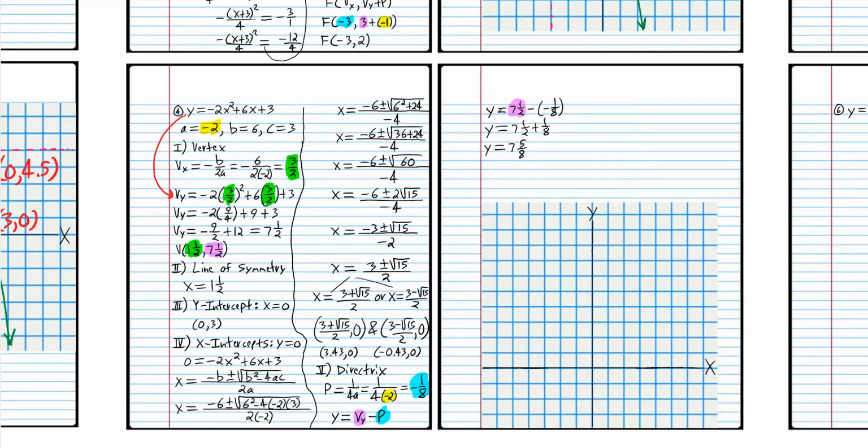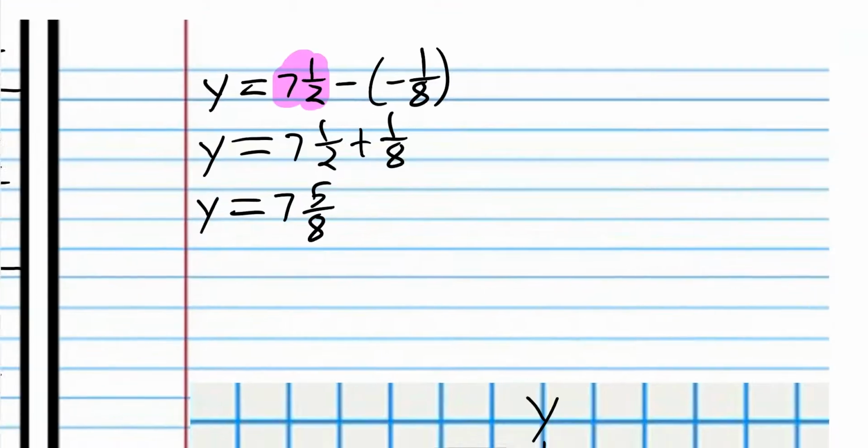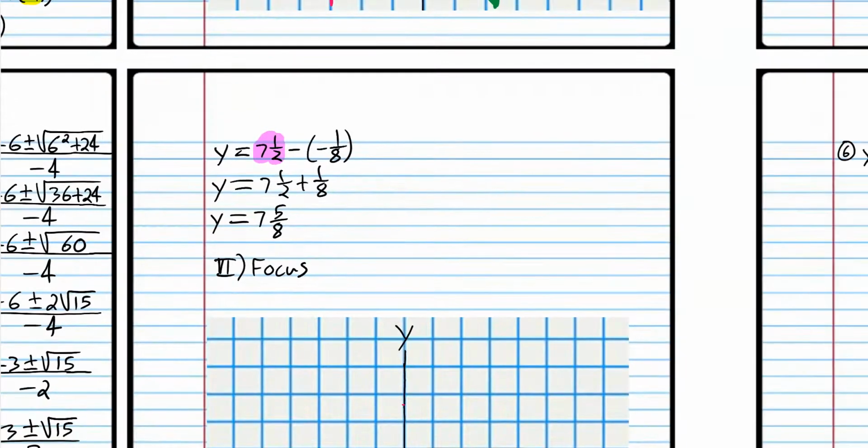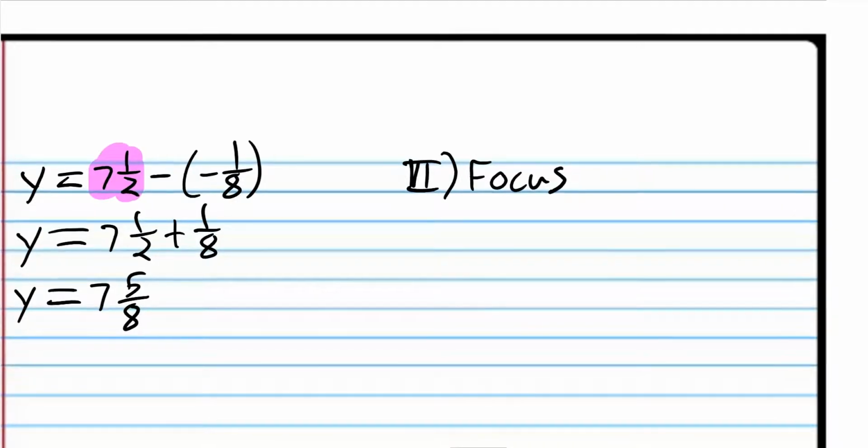Okay, so now last step is to find the focus. I guess I'll just go up here. And so the x value of the focus is the x value of the vertex, and the y value of the focus is the y value of the vertex plus p.